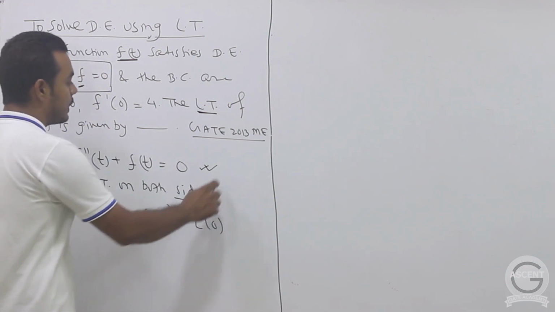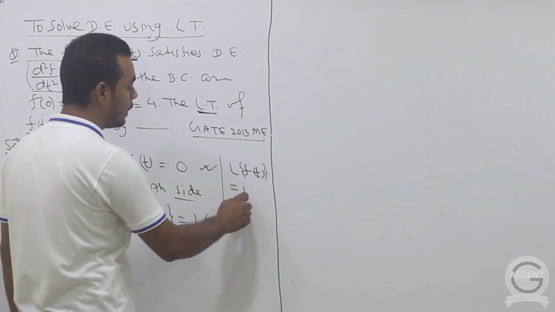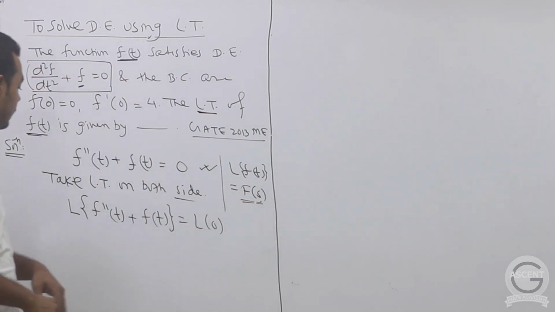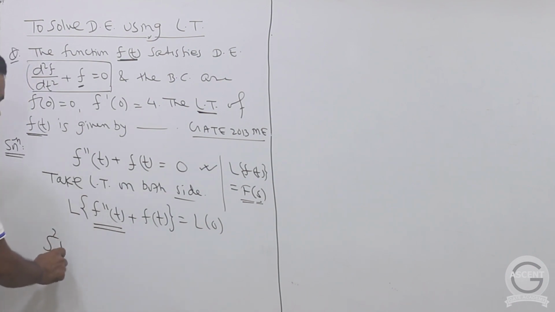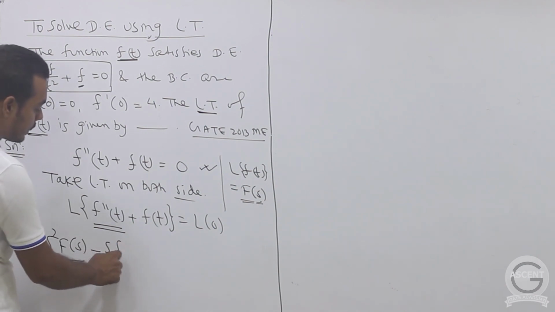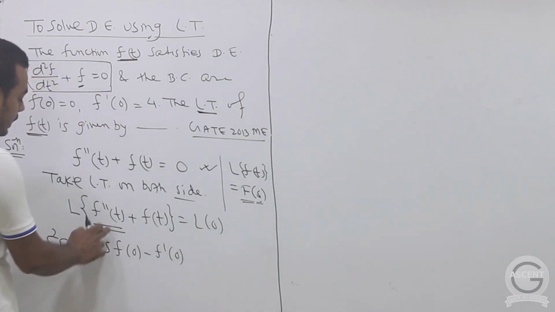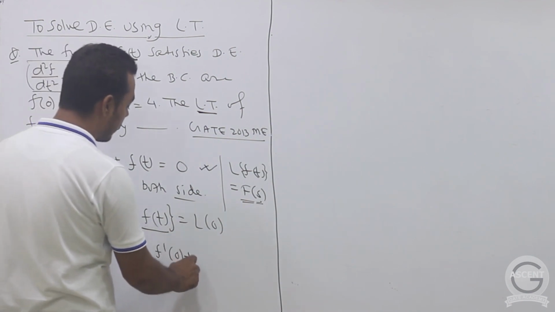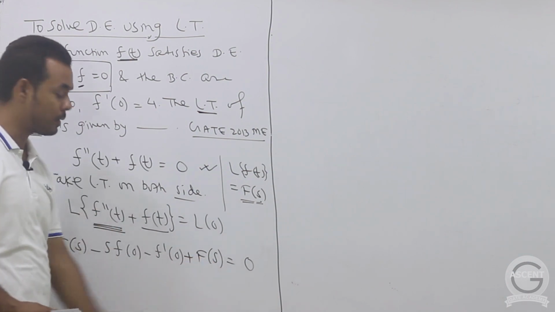Now say the Laplace transform of this function f of t is capital F of s. Then Laplace transform of second derivative of t, the formula that we have seen earlier was s square F of s minus s into f of 0 minus f dash 0. This will be the Laplace transform of second derivative of t, plus Laplace transform of f of t, this will be capital F of s, Laplace transform of 0 will be 0.